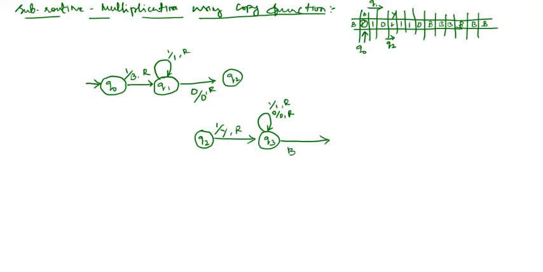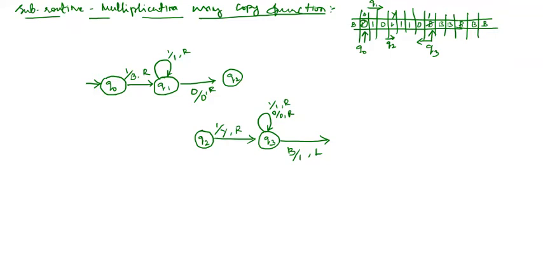At some point I will be reading this b as q3. When I read b, convert that into 1 and move towards the left direction. So after that, change this to 1 and move left.